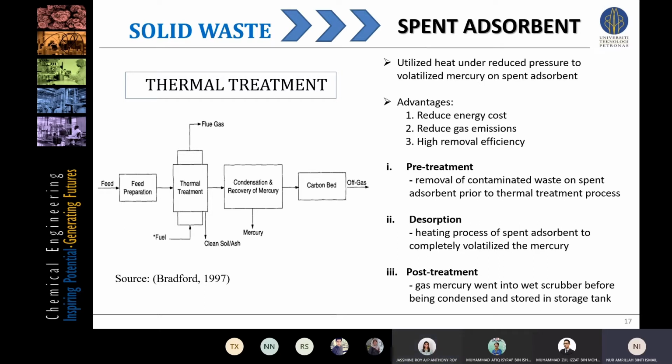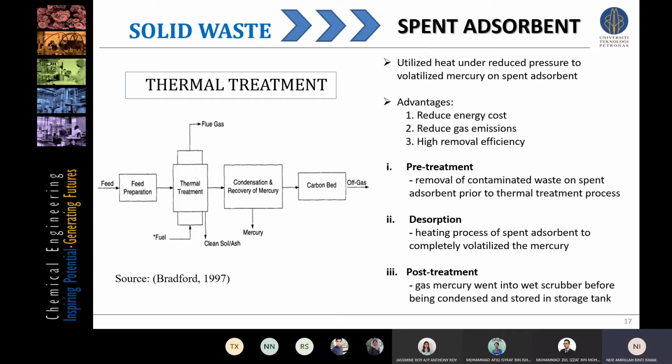So generally, there are three types of technology for mercury waste treatment, including stabilization, vitrification, and thermal treatment. Among all of the technologies, thermal treatment process was chosen as it is identified to be the most applicable for FLNG plant due to its simplicity of process operation. Thermal treatment is defined as a process that utilizes heat under reduced pressure to completely volatilize the mercury on spent adsorbent.